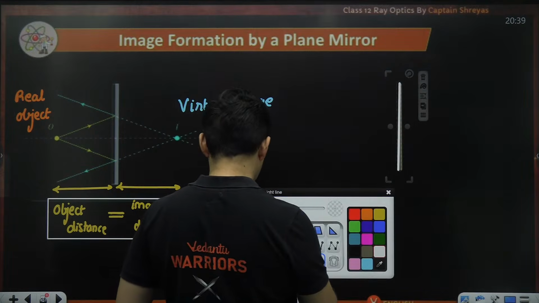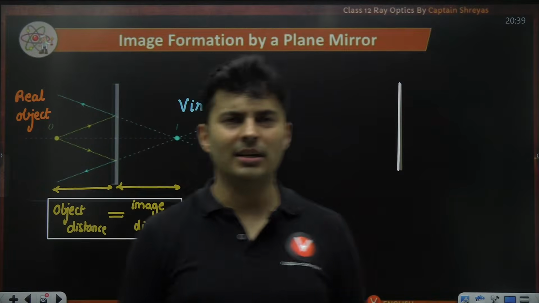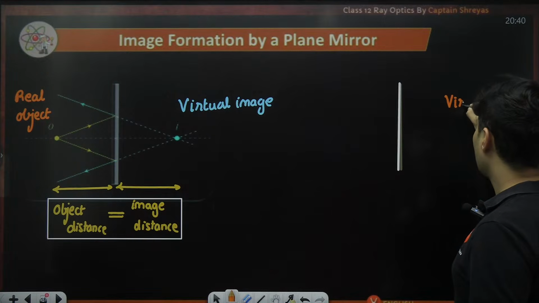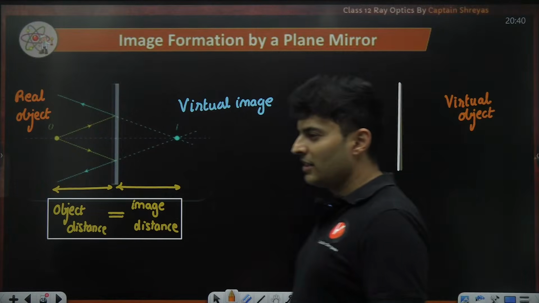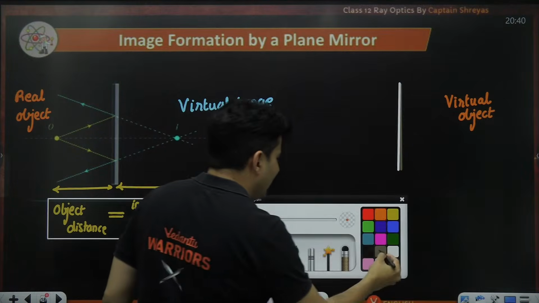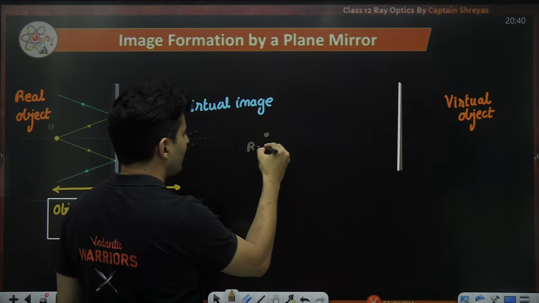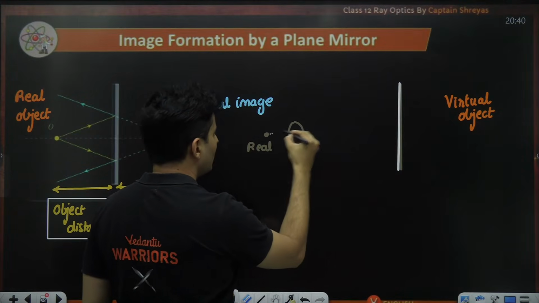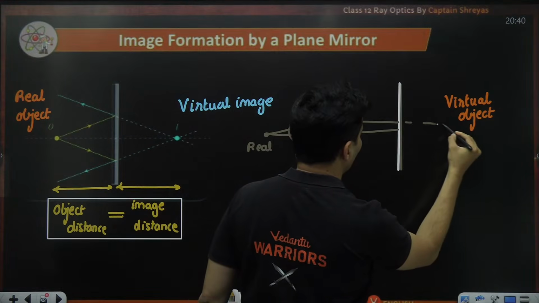Now, imagine you have a virtual object. How virtual objects are formed, we'll think about it later. Imagine this is a virtual object. What is the meaning of virtual object? Imagine maybe there is a real object over here. Somebody was holding a magnifying glass. So the rays went like this and they were about to meet over here.